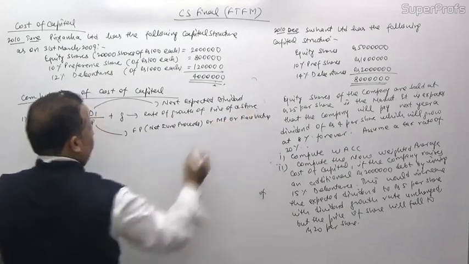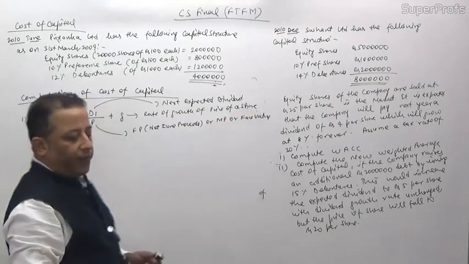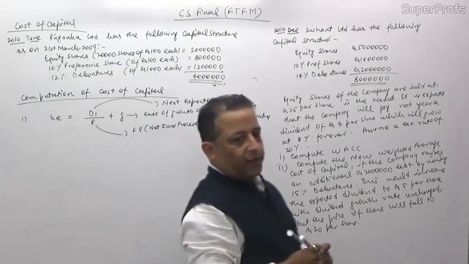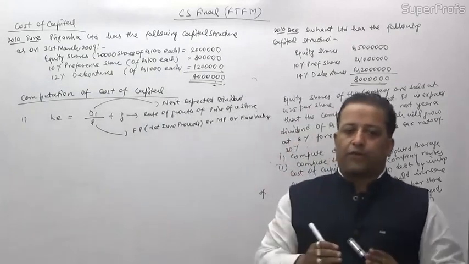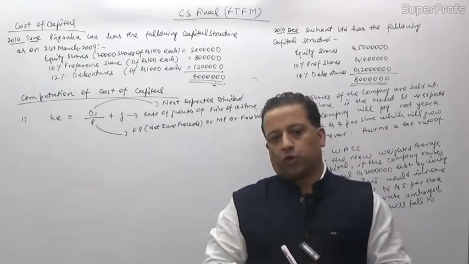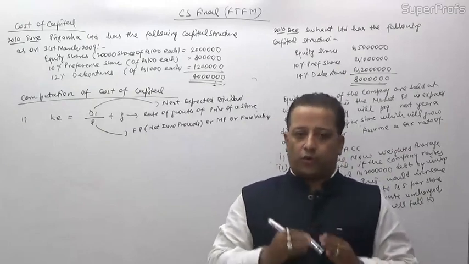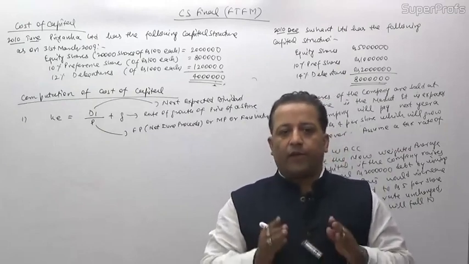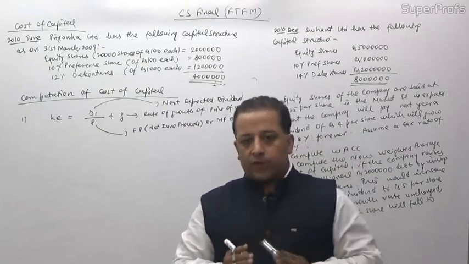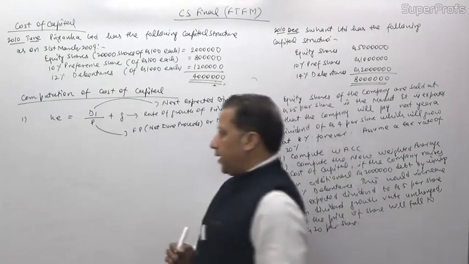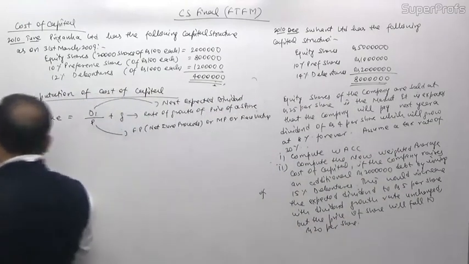As we discussed in the last class, if the rate of growth of price of a share is not given in the question, then the rate of growth of dividend can be taken as the rate of growth of price of a share. So K is equal to D1 divided by P plus G.